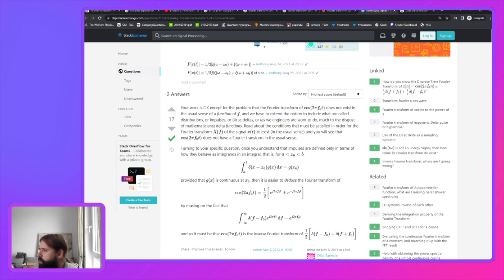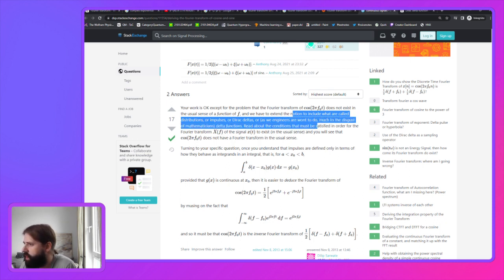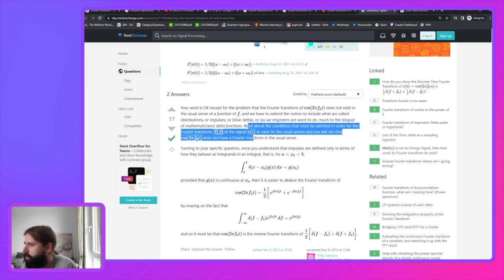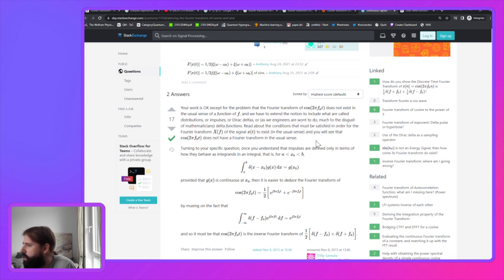So extend the notion to include what are called distributions or impulses or Dirac deltas, or as we engineers, much to the disgust of mathematicians, delta functions. And you will see that cosine does not have a Fourier transform in the usual sense.